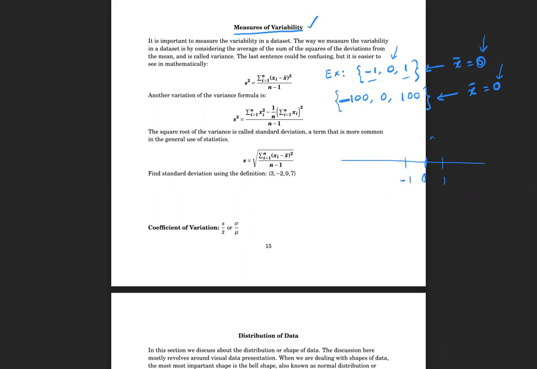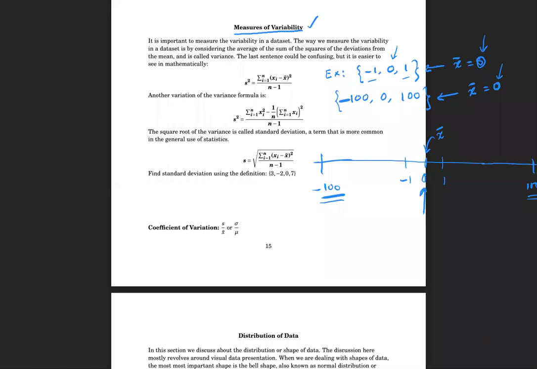So that's the mean, x bar. Now, for the second data set, it's probably somewhere out here, 100, and out there, -100. Do you see? These two data points are farther out compared to the middle.